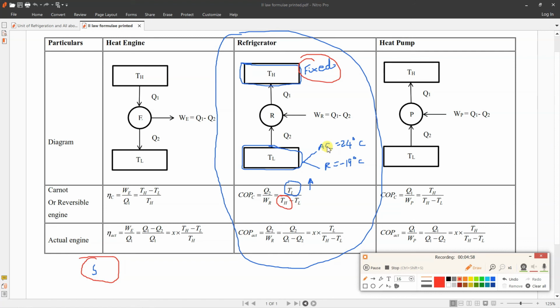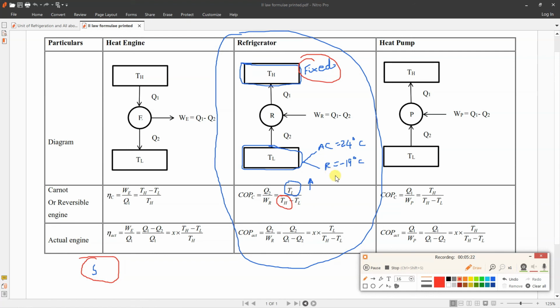If AC is there, T low is supposedly 24. If a refrigerator is there, for example, we are considering minus 19 degrees Celsius. T low is more in the case of the air conditioner. So COP of an air conditioner will be more than COP of a refrigerator during the same season. Very important point, you should remember this.